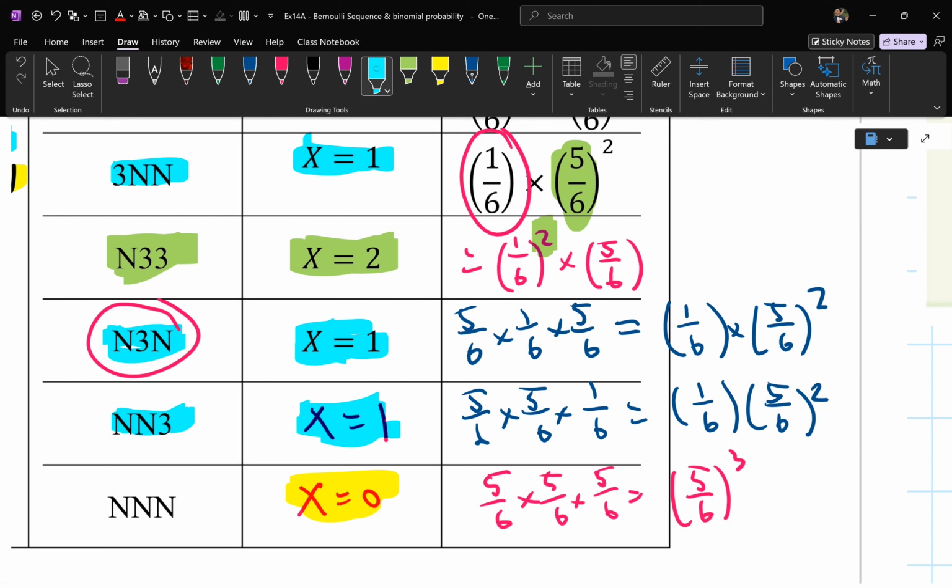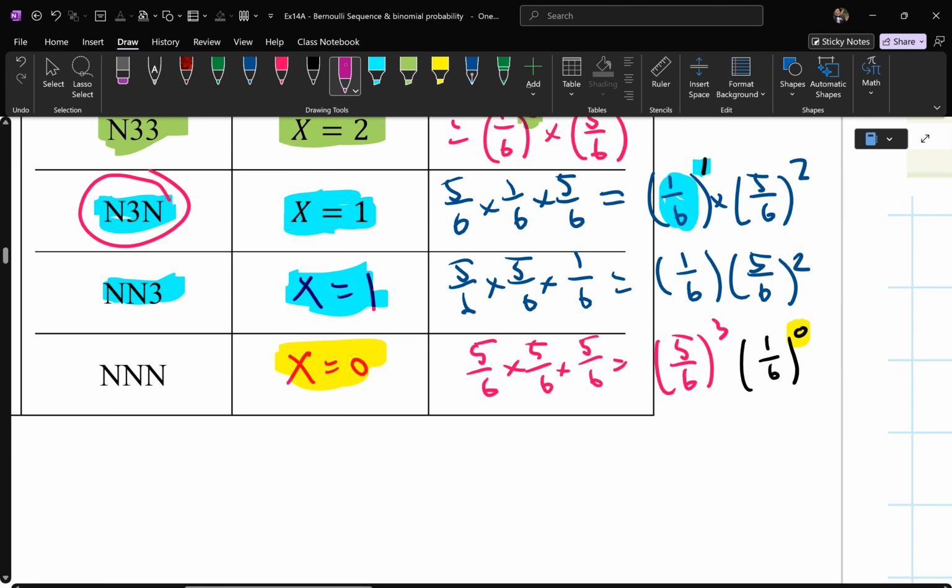When x is 1, so that what I want is only one of them, notice that it's only (1/6) to the power of 1. When I wanted no 3s, notice that I don't even have a 1/6 there, so technically it's like saying (1/6) to the power of 0. So this is a pattern that we can see.